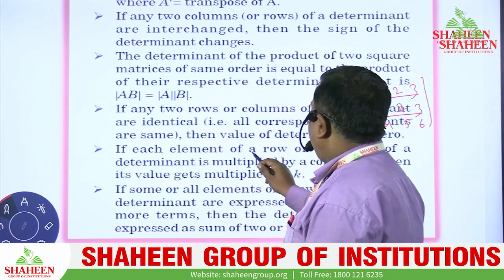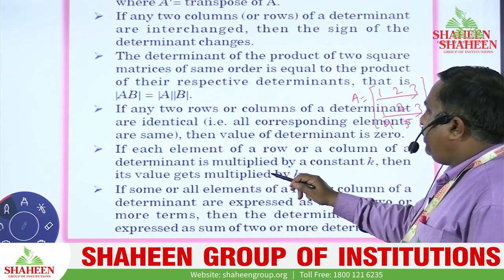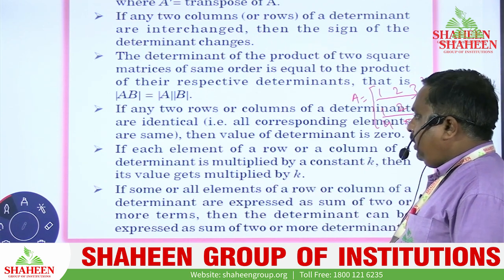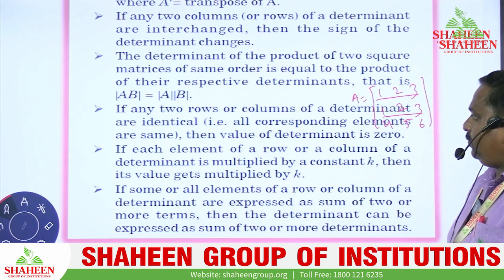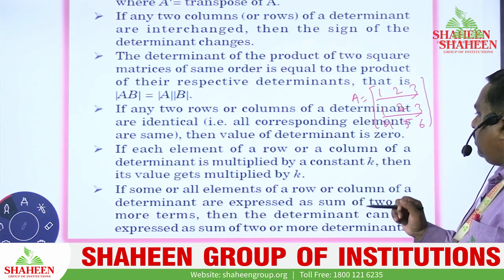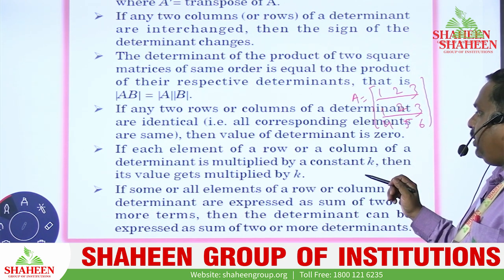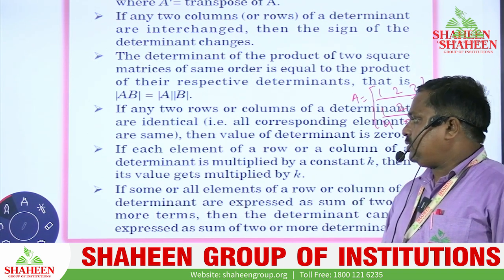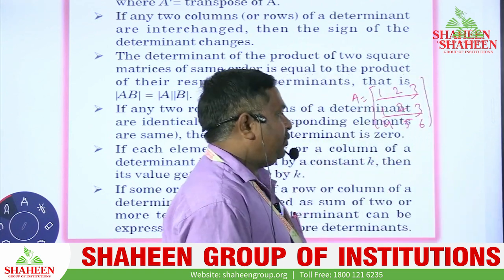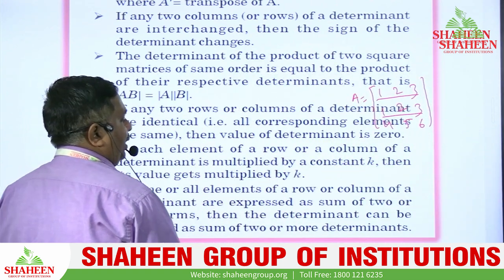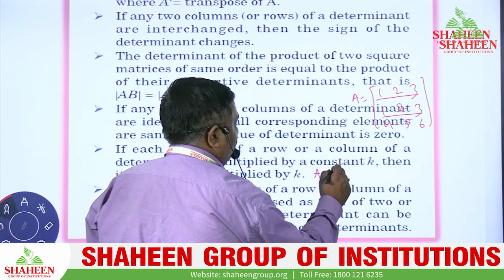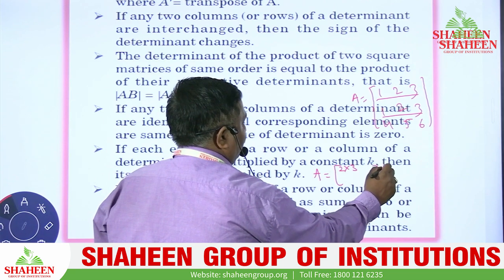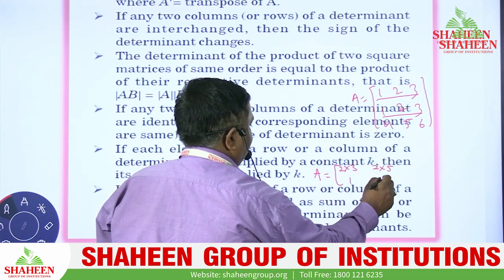If each element of a row or a column of a determinant is multiplied by a constant k, then its value gets multiplied by k. यानी कि we have a matrix that is A is equal to 2 into 3, 2 into 5, 1 3.